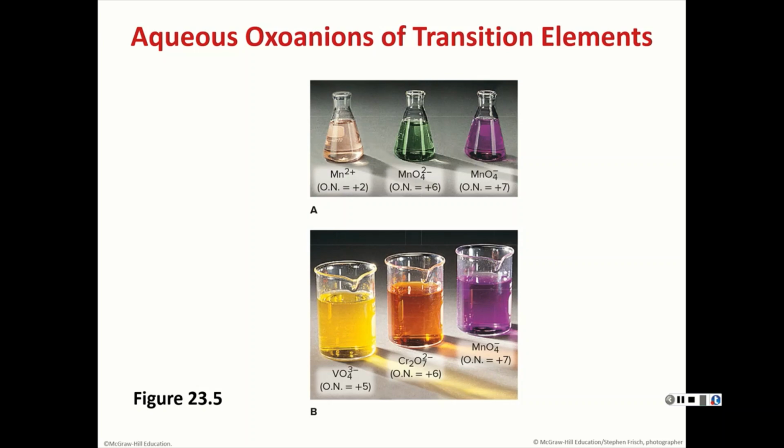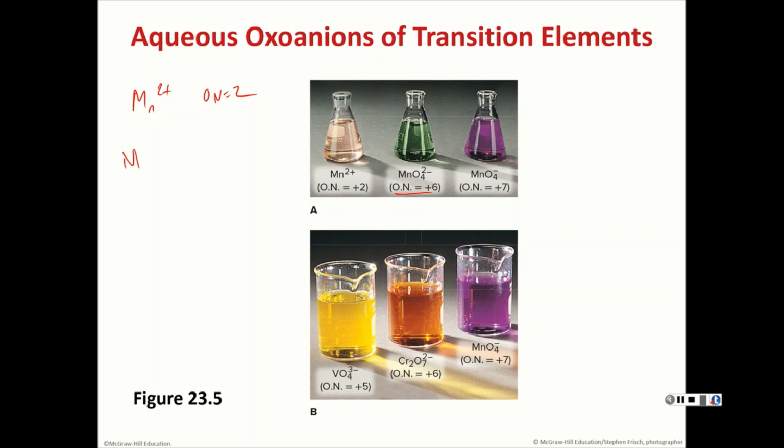An important thing to remember, though, as a review from general chemistry, is how we calculate these oxidation states or oxidation numbers. For Mn 2+, that's easy. The oxidation number is just going to be the charge. When it's in a compound, it gets a little bit different.